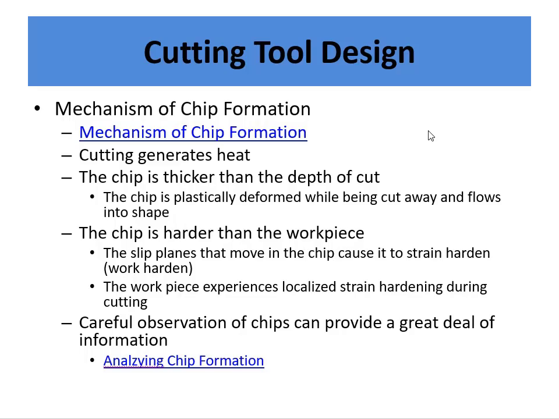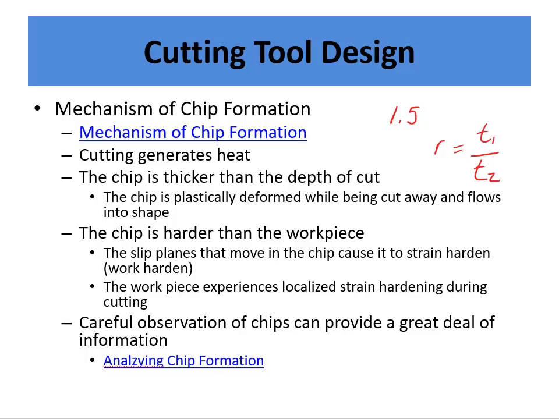You can approximate the shear angle by measuring the thickness of the chip. The optimum range is somewhere, I think, around 1.5, and the ratio is equal to T1 over T2.